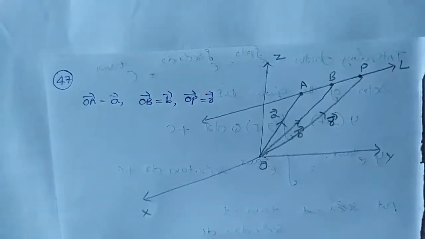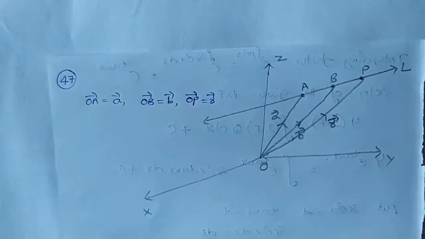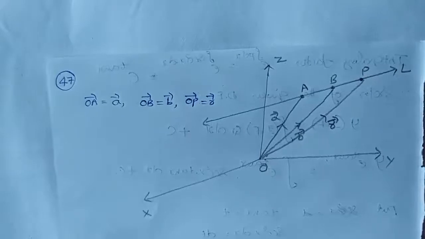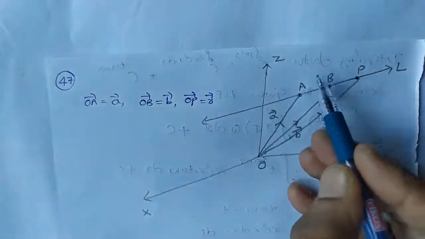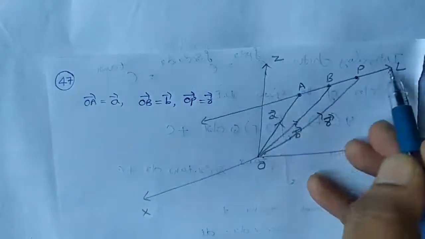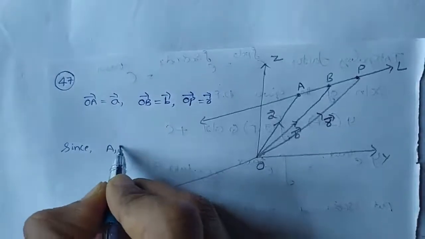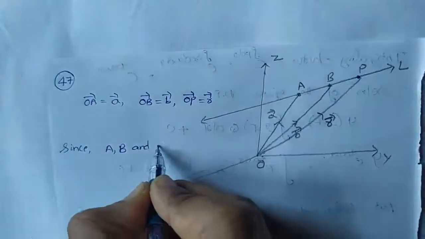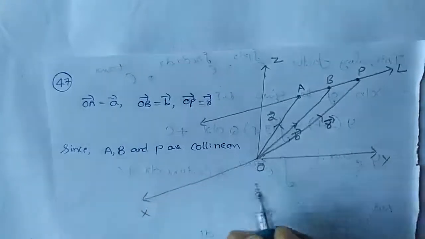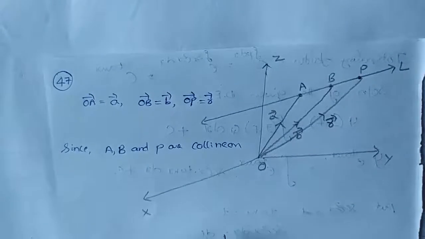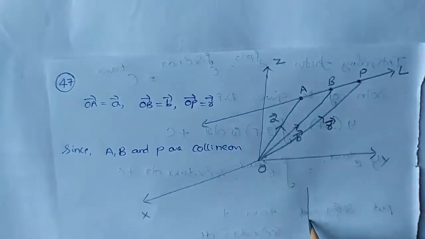You just observe, since the points A, B and P are collinear. If you observe, these points A, B and P are collinear because the three points are lying on the same line. Now you have to remember the concept of vectors.